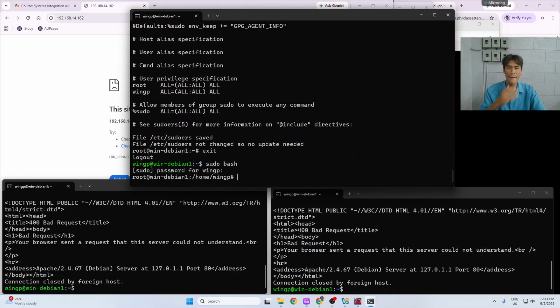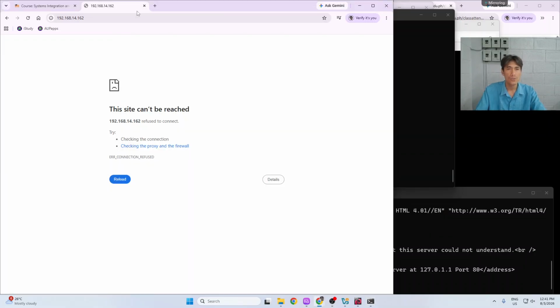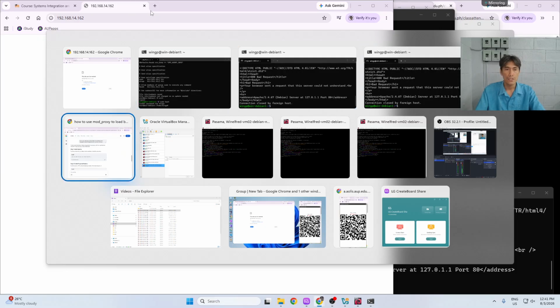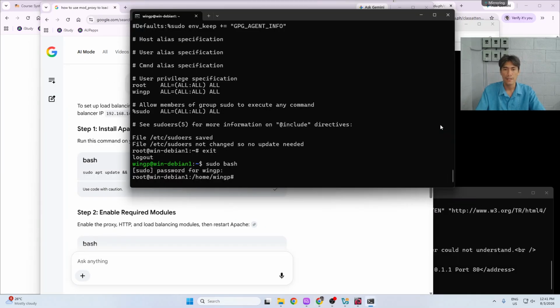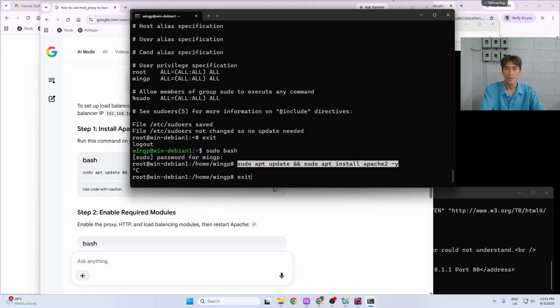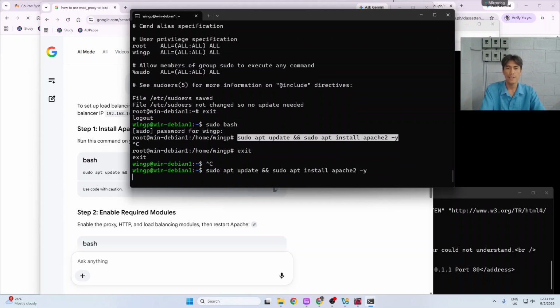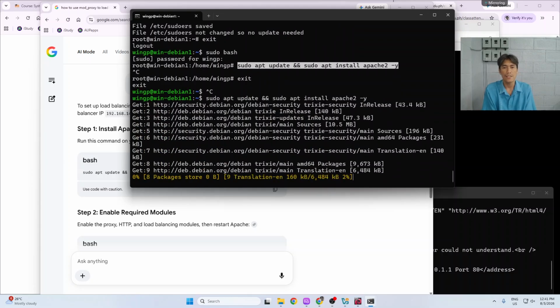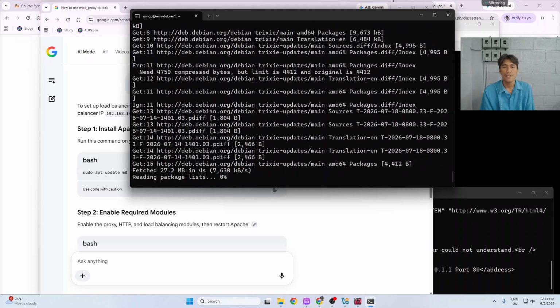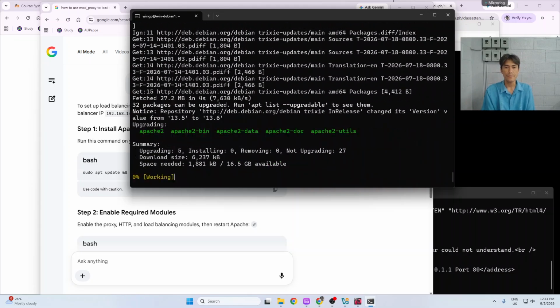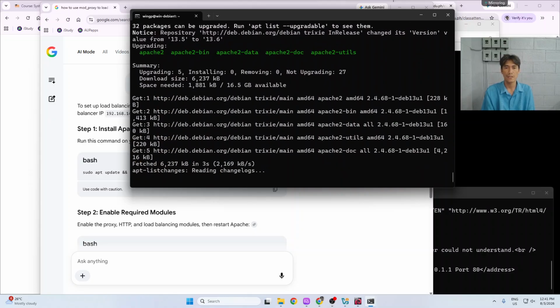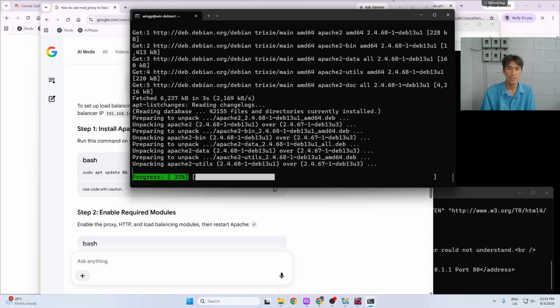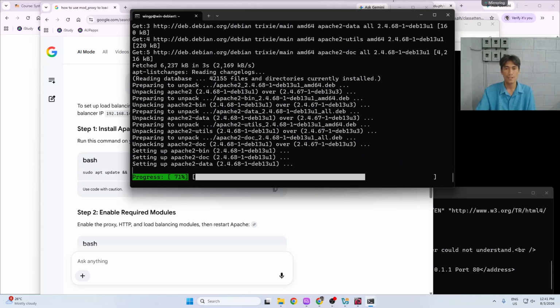Okay. Now we are sudo. We are sudoer. Where's our tutorial? Let's just follow this blindly. Paste. Okay, it's updating. Updating. I don't know what broke when, why the load balancer has no web server.